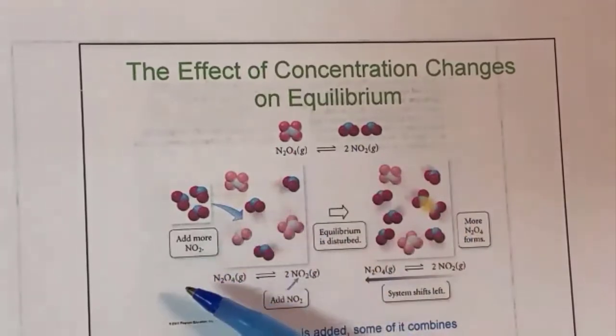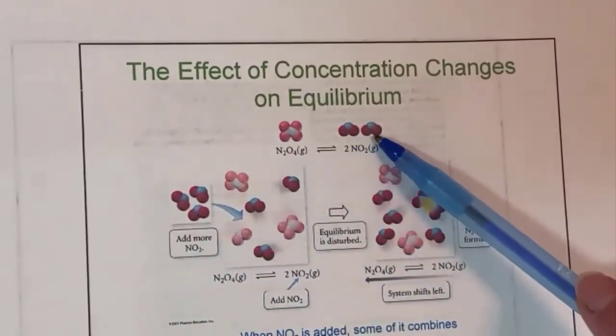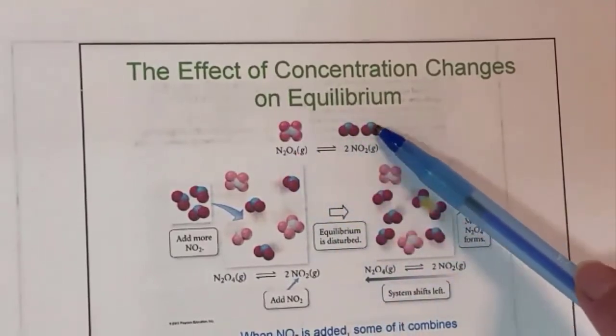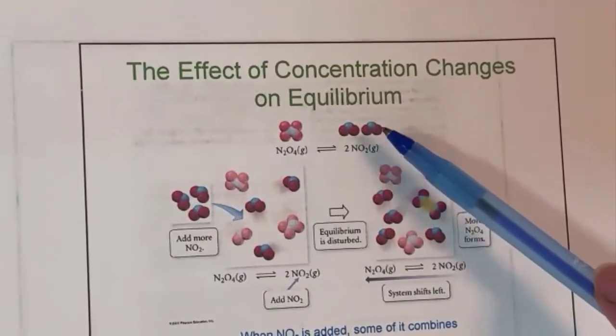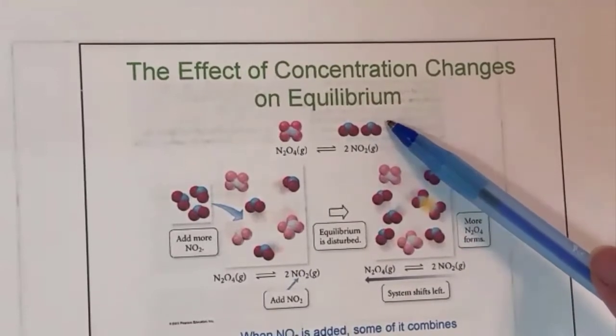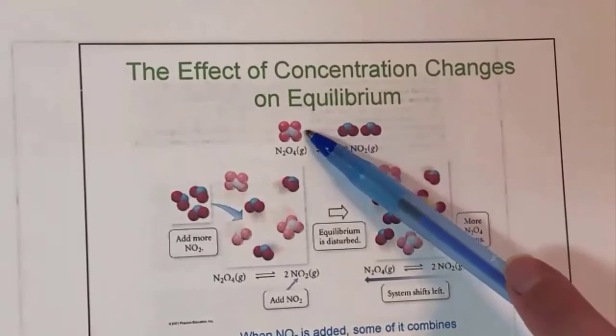Now let's add some NO2 in. They're already at equilibrium, and then you throw some extra product in. You're like, I have way too much product now, that's not cool. So the reaction will try to reduce the product that you just put in and shift itself to N2O4.